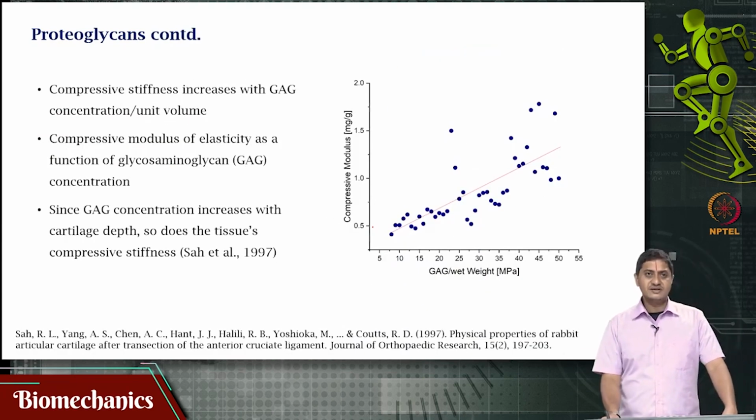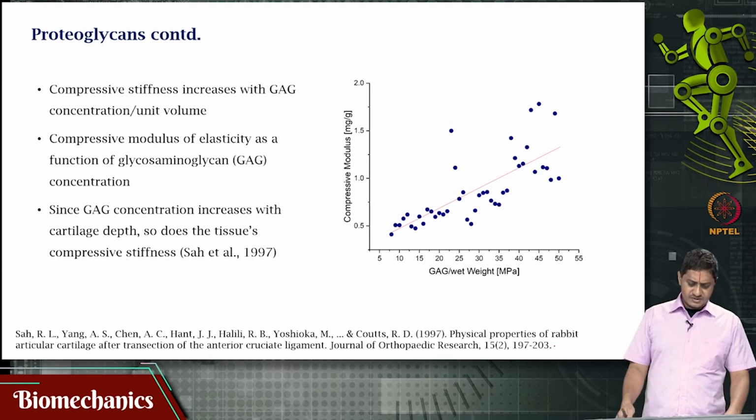And it turns out that compressive stiffness increases with the amount of GAG concentration per unit volume. If we plot the modulus of elasticity as a function of the concentration of GAG, we see that as GAG increases, the modulus keeps increasing. You can try to model this, and in general, as the GAG concentration increases, the compressive modulus increases.